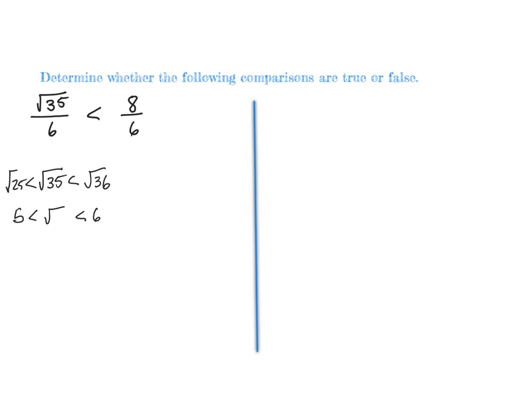So the square root of 35 is not actually going to be larger than 6. And since it's not going to be larger than 6, we know that the most it can be is 6 over 6. And the other one is going to be 8 over 6. So you know that the right side is greater. So this one is going to be true.